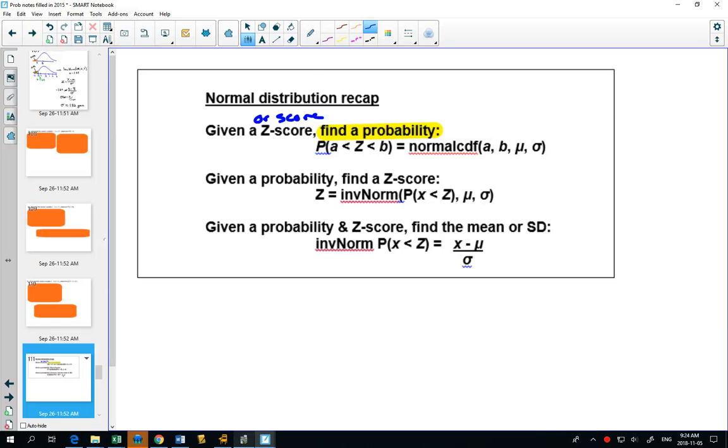If you're wanting to find a z-score or any score, if you want to find the score and you know the probability, that's where you're going to use inverse norm.